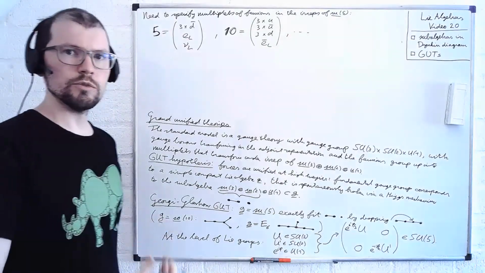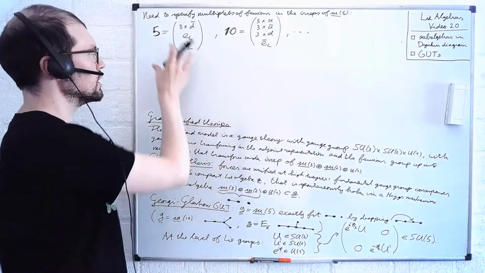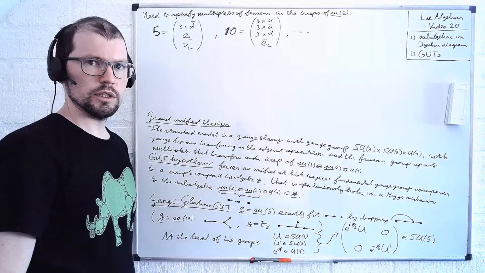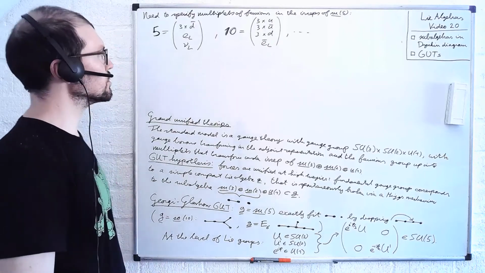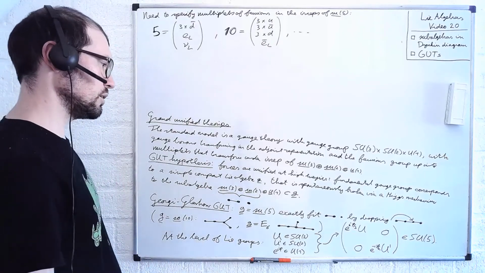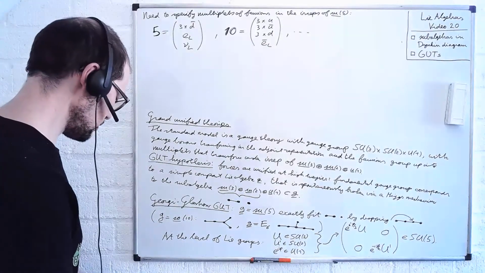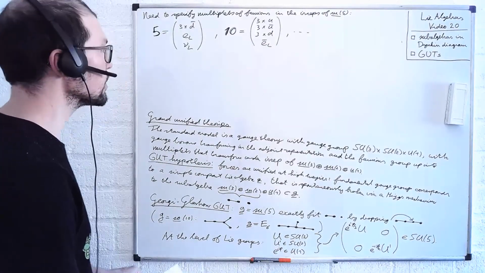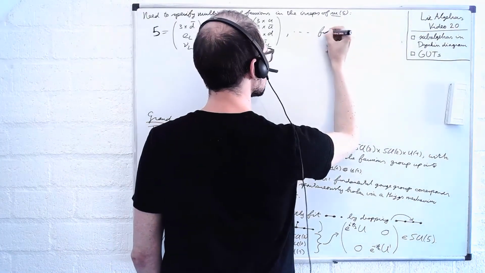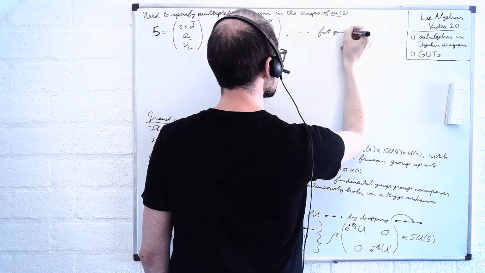So I don't have time to go into further detail, but there is really a nice grouping of the standard model particles in these irreducible representations of SU5. So they fit quite nicely.